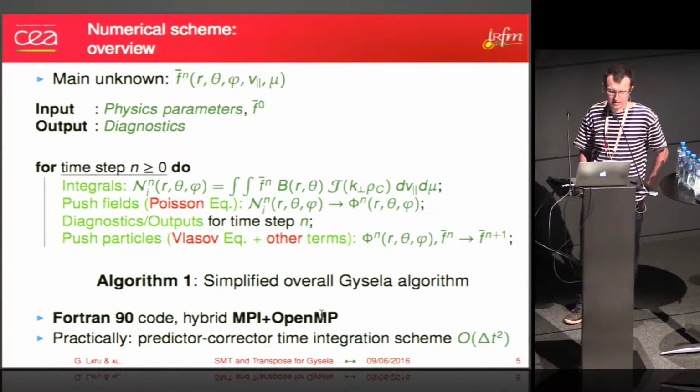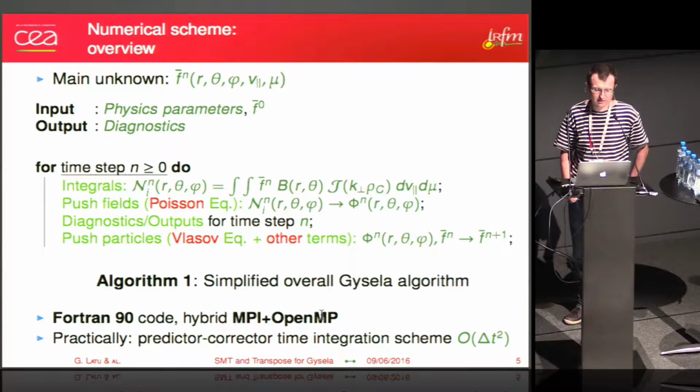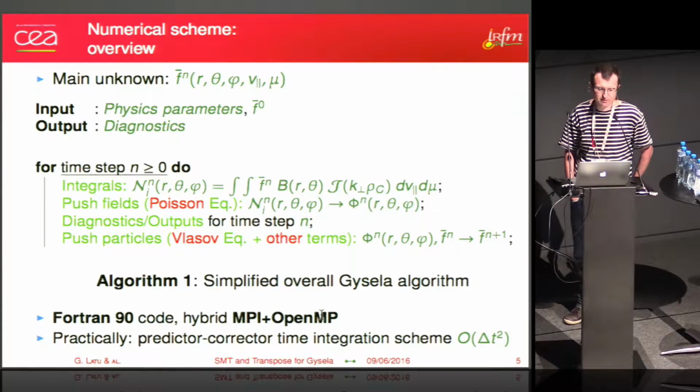For the global view of what is going on inside the application, we have a time loop, and inside the time loop we have some integrals to go from the distribution function f to the ionic density ni. Then with the Poisson equation we transform this ionic density into the electric potential phi.